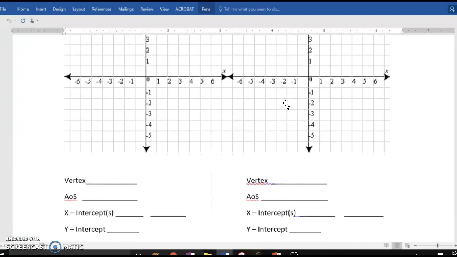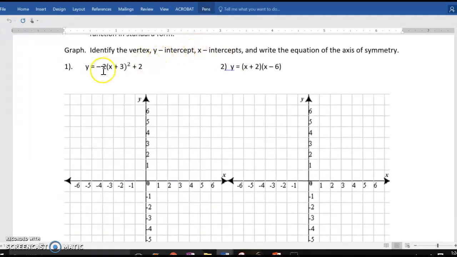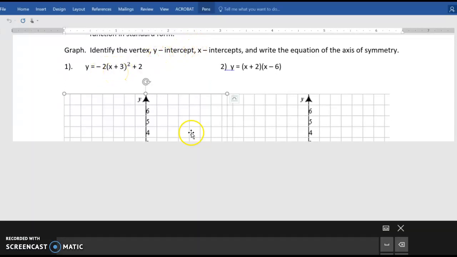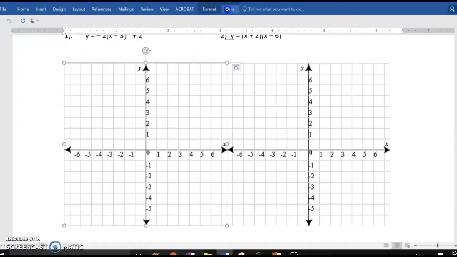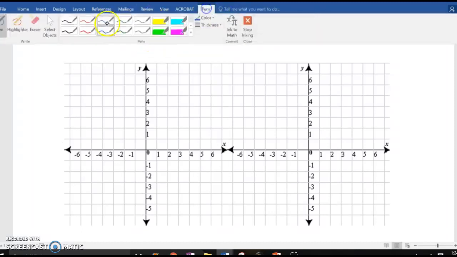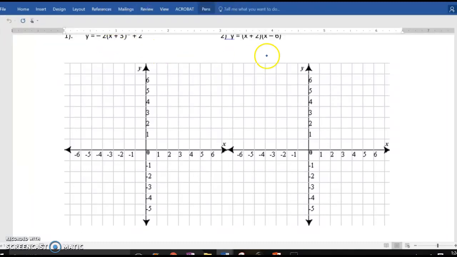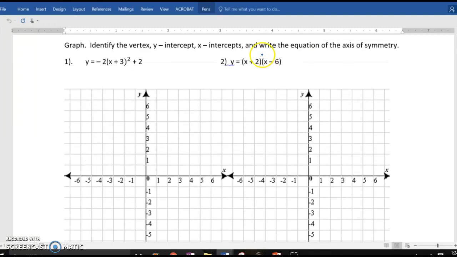So first off, in number 1, when you look at the vertex of this, the vertex, you should know, is always going to be the opposite of H, comma, K. So if this is H, K, it's going to be the opposite, so it's going to be -3, 2.